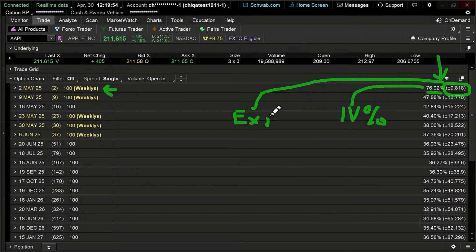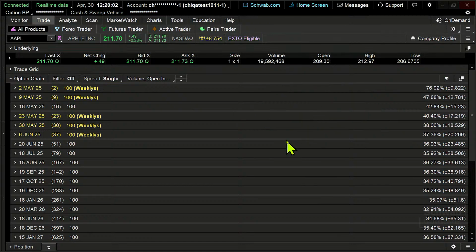I'm just going to write this EXP price up or down. Expected move up or down based on that current level of implied volatility. That's what the market is expecting, right? That's not statistically derived. That is not a forward or a backwards look.